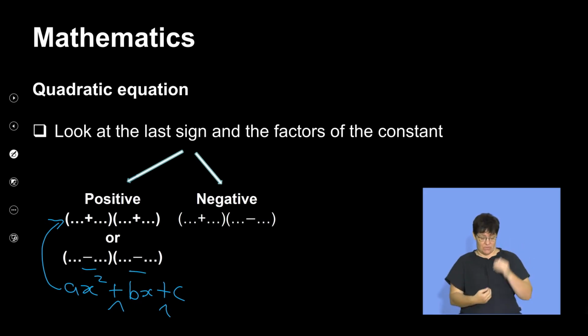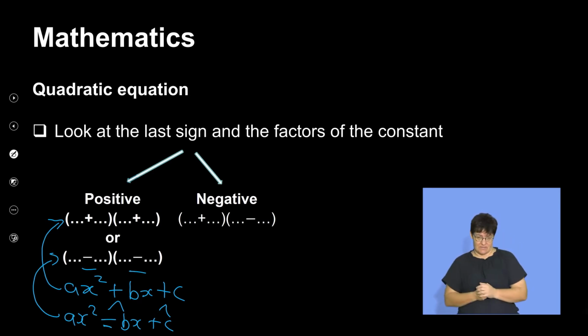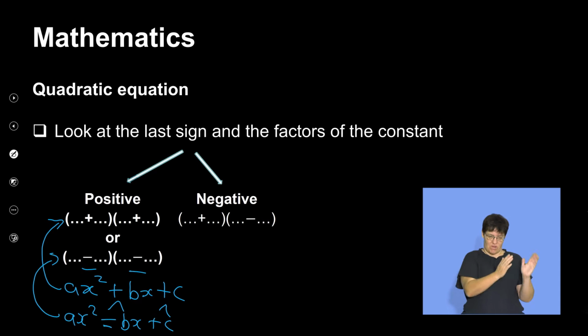But if it now becomes ax squared minus bx plus c, the last term is still positive, but now the middle term is negative. Then it means my two brackets will be negative and negative. So that's what determines whether it's a plus and a plus or a minus and a minus. But definitely, as soon as the last term becomes a negative, then your two brackets will be different. It will be plus and a minus.